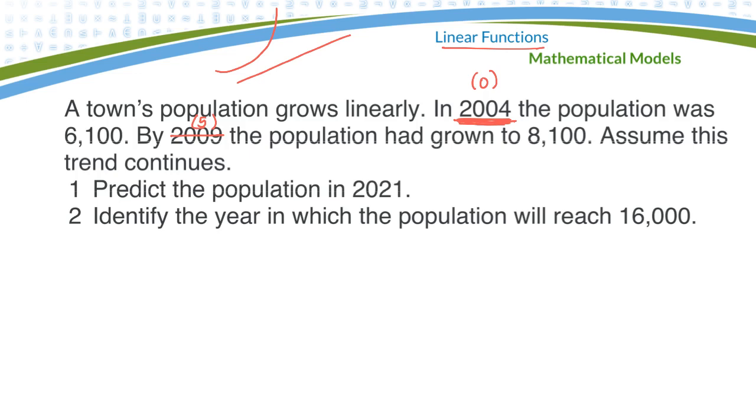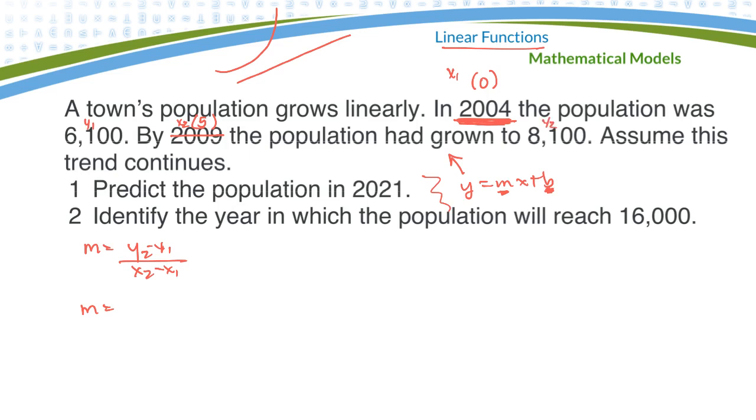So to answer both of these questions, I really need to find a function that defines that growth they were talking about. They've given me enough information that I should be able to determine my slope, and I should be able to determine the y-intercept. Okay, so let's do that. Let's first find the slope. So slope is y2 minus y1 over x2 minus x1. Let's call this x1, y1, x2, and y2.